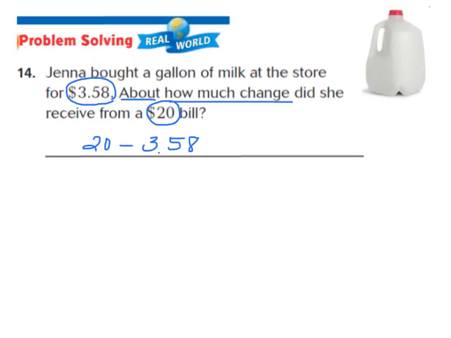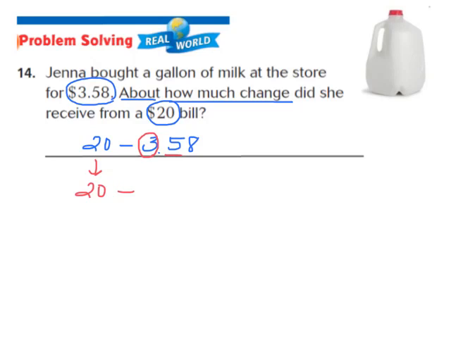Well, what I know is, first of all, I already have the whole number 20. So I'm going to keep 20 just like it is, and I'm going to write that down as the whole number 20. Now I'm going to focus on my $3.58. Well, my job is going to be here to round to the nearest whole number, so I'm going to circle my 3, and then I'm going to underline my 5, and I'm going to look at that 5 to determine whether I round up or stay the same.